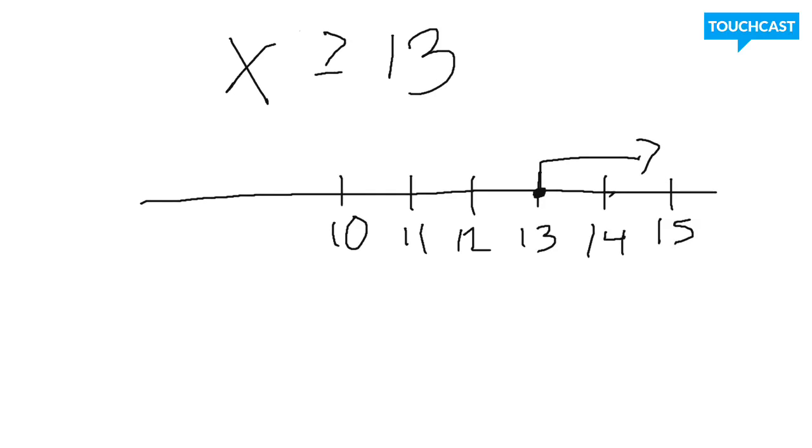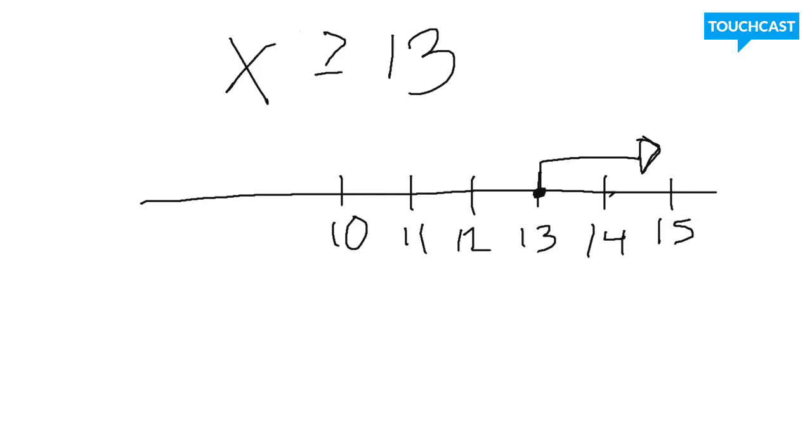It just keeps going. So I'd like to draw a little arrow. This is what we'll want you to do. And I like to also draw it above the number line, because if I drew it on the number line, like your pencil and this black marker, they kind of look the same. So it's best to make sure it's very clear. So I clearly closed in the circle, and I put the little line above and going towards the right, because I'm saying x is greater than or equal to 13.